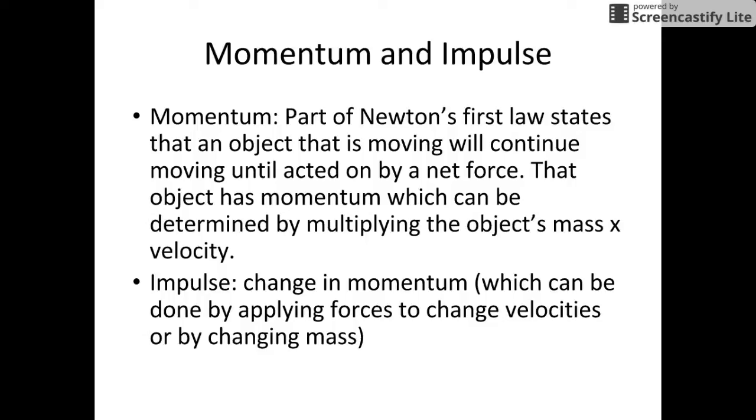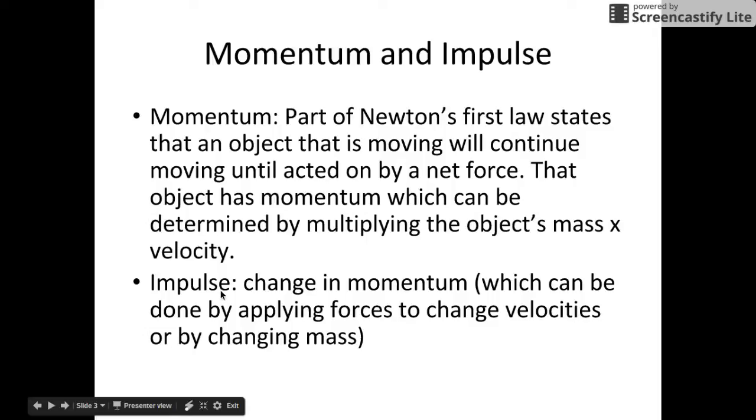If it's moving pretty fast, it would take a lot of force to stop the semi. If it's not moving very fast, it's not going to take as much force to stop that semi. And thus, a fully loaded semi versus an empty semi, it would take less force for the empty semi. So momentum is really an object's mass times velocity, but it's that concept.